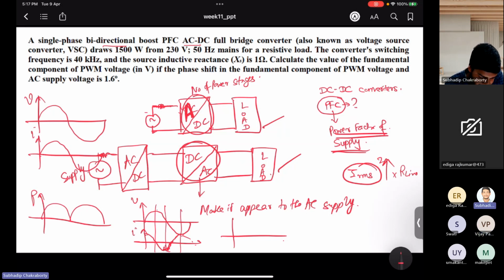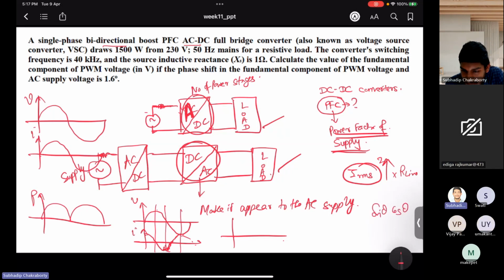What is the multiplication of these two? Sin theta times cos theta is 1/2 sin 2 theta. So the multiplication of sin theta and cos theta is nothing but another sine with double the frequency. So reactive power will look something like this, with double the frequency. It will come and go.